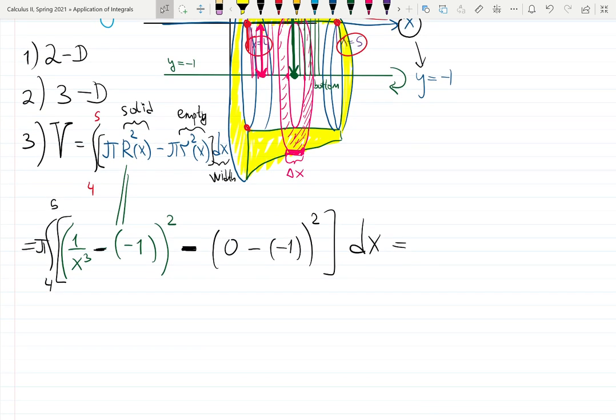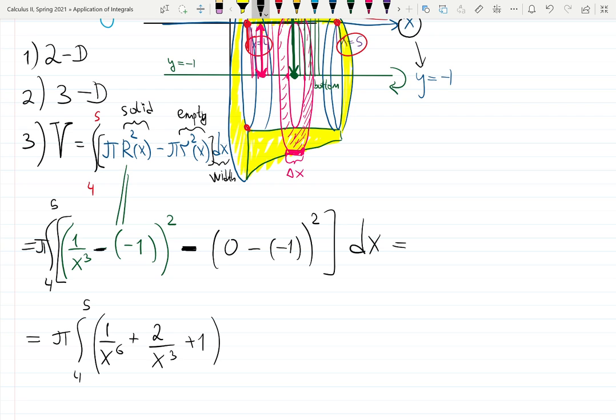Now, we just need to simplify everything and finish integration. Pi from 4 to 5, square of sum, because minus minus gives you plus, is going to be 1 over x to the 6 plus 2 over x cubed plus 1, because it's 1 over x cubed plus 1 squared.